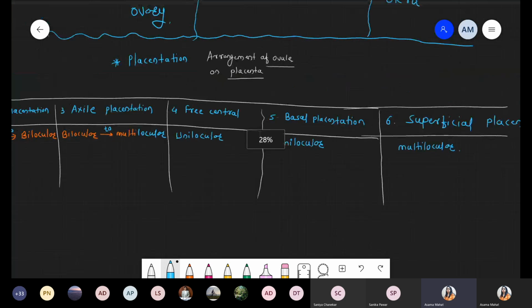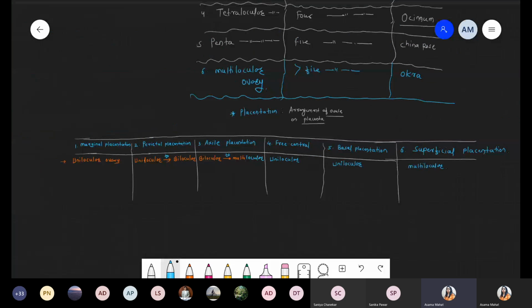To check all these types quickly: marginal placentation, unilocular condition. In parietal, unilocular and bilocular. In axial, bi, tri, tetra, penta, multi. In free central and basal, unilocular, while in superficial, multilocular. Got this point? Is this point clear?